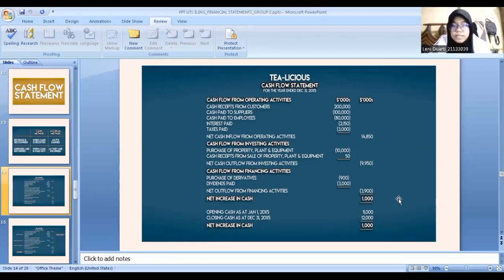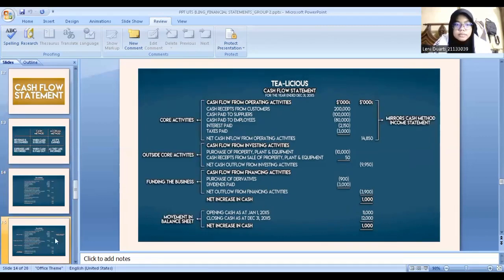But how did this come about? This is where the top section comes in. We work out the cash flow from operating activities, cash flow from investing activities, and cash flow from financing activities.